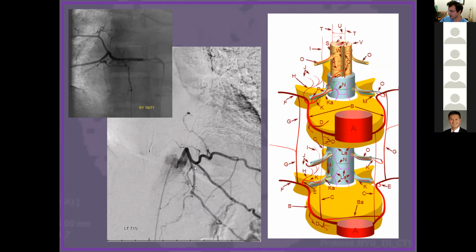Now, sometimes it's just a curiosity, but think about what this vessel here is. This vessel, G, is the pre-transverse anastomosis. It has other names too, but essentially that's on the side of the vertebral body, and that's the supply to that.